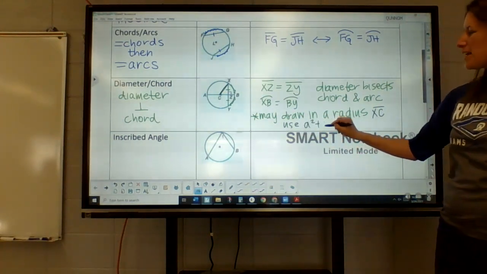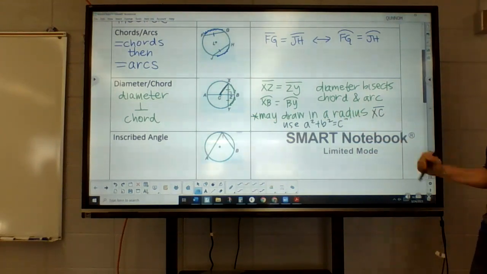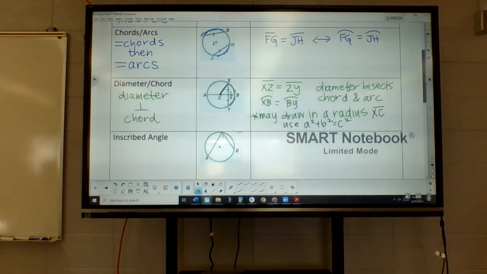Then we can use Pythagorean theorem if we need to find parts of that shape.